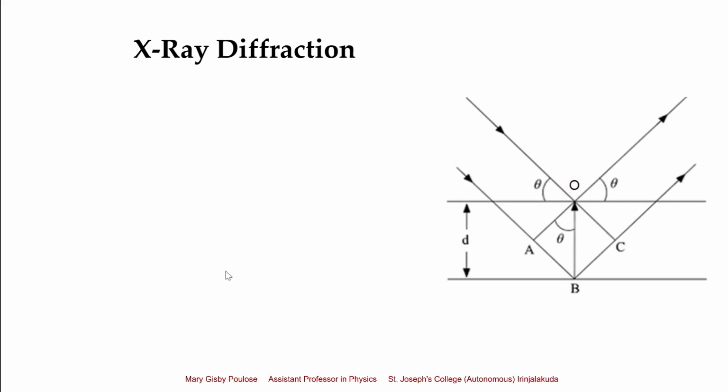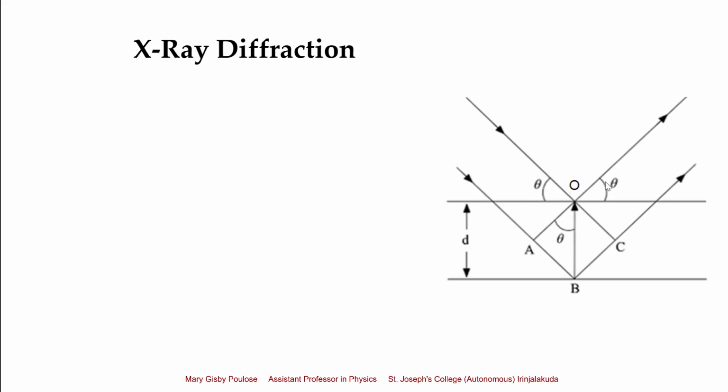In this figure, we can see that the first ray is falling on the surface at a glancing angle of theta and getting reflected. If this angle is theta, the angle of incidence will be 90 minus theta, right? Again, the angle of reflection will be 90 minus theta, and hence the remaining angle will be theta.